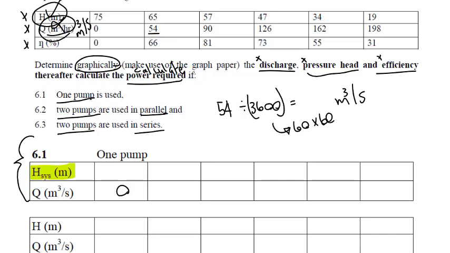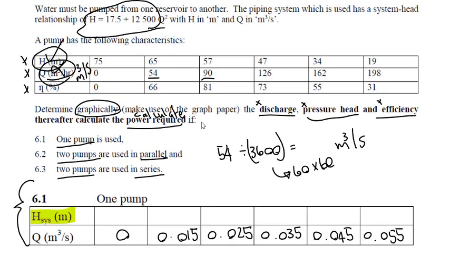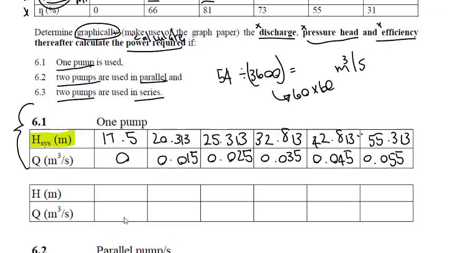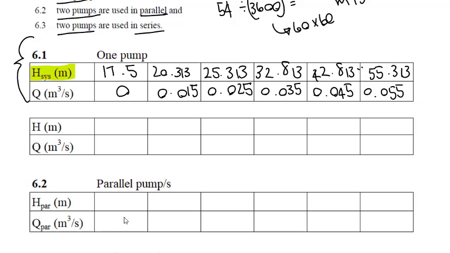So let's do that for all of the values we've been given. Now we're good. We can substitute these values that we've just calculated into this formula. Alright, now we already have our H system, so we can plot that.